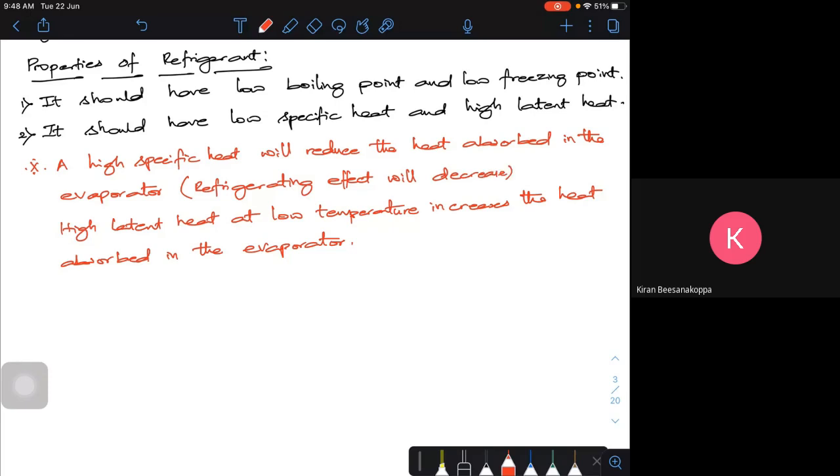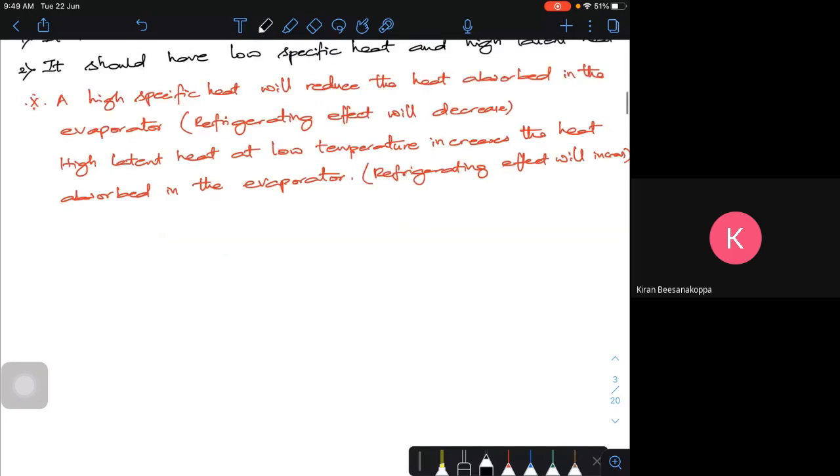So here the refrigerating effect will increase. So that is the reason why we go for a low specific heat and high latent heat. Is it clear? So I have written that, so then it will be easy for you to understand.